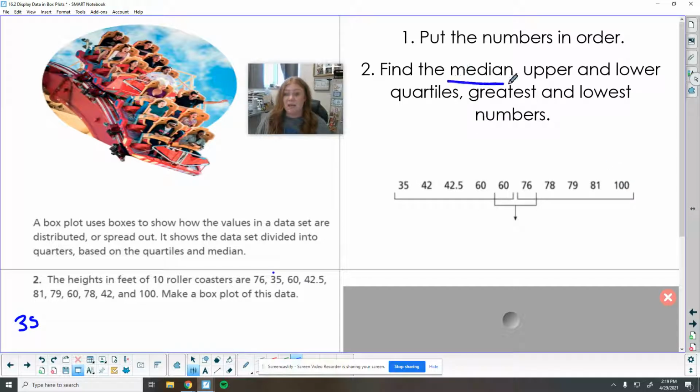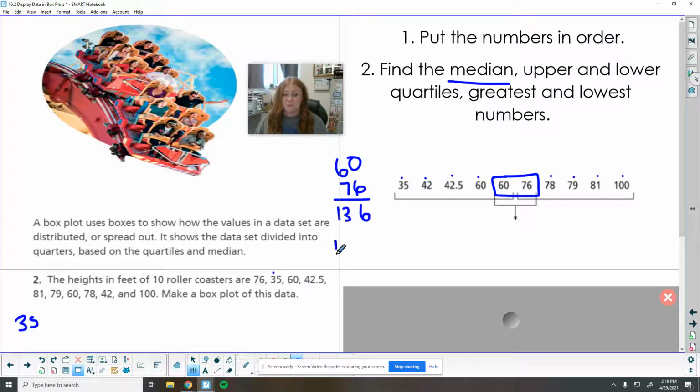So we want to start and find the middle here. So 35 matches to 100, 42 and 81, 42.5 to 79, 60, 78. So we've got these 2 numbers here in the center. So to find the middle, we're going to add them up and then divide by 2.